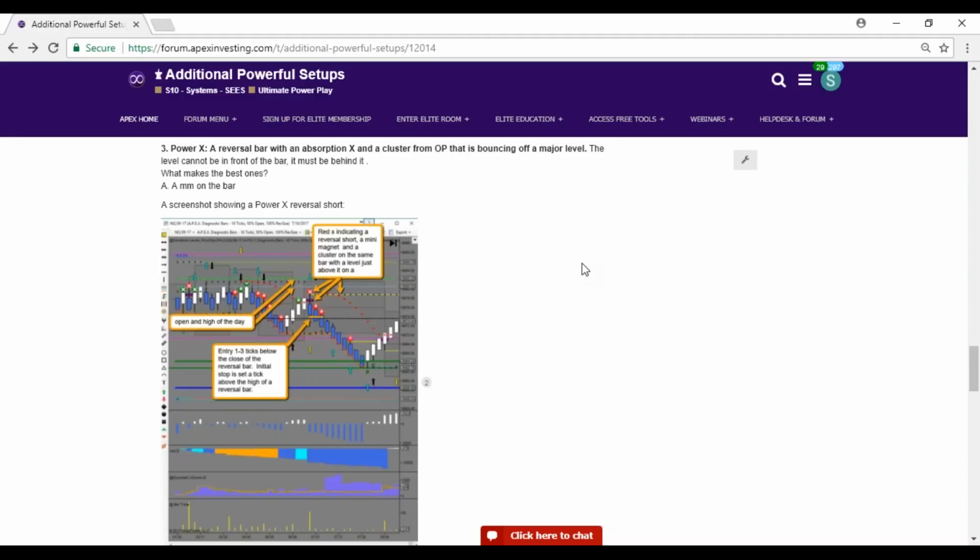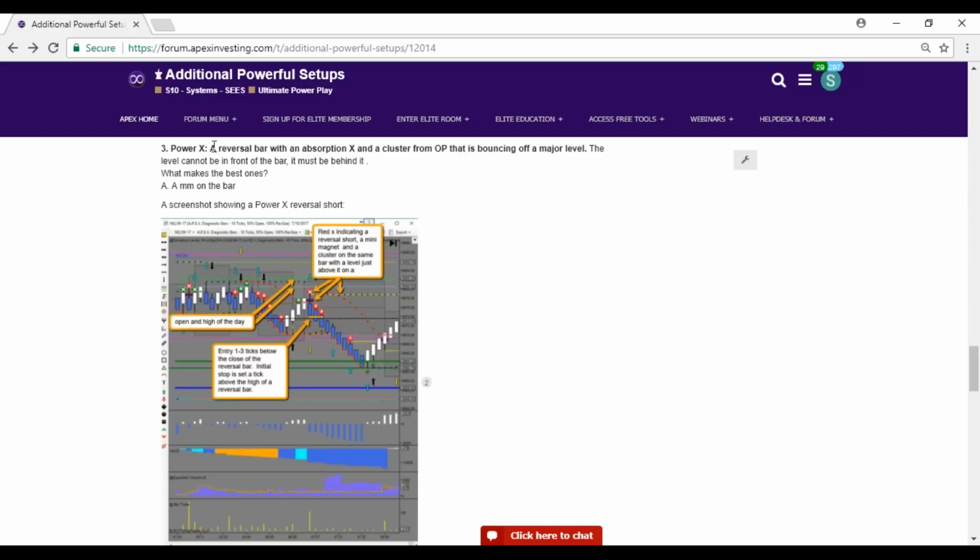Doesn't that sound kind of similar to a power P? Because a power P is a reversal bar with a cluster bouncing off a level. Do you guys see how that's kind of similar? So what is the difference? Well, the power P has to have a P, and it's good when it has an X. Well, this is when there's not a P there.